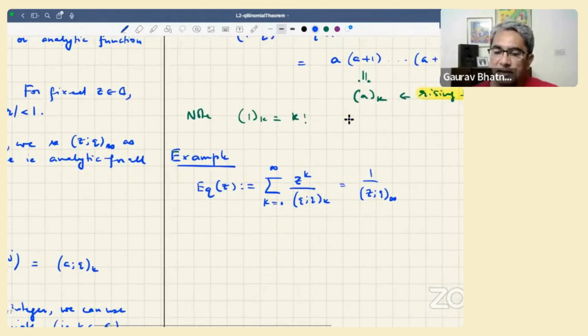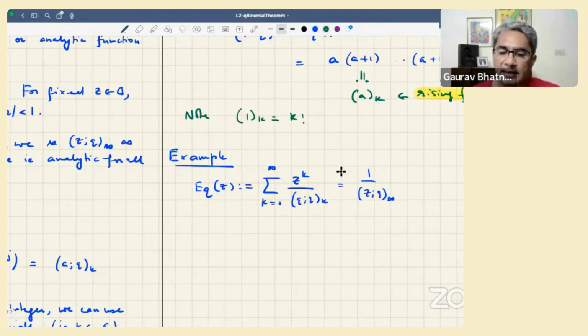This is a result of Euler, and how to discover this equality is an exercise in chapter 1.